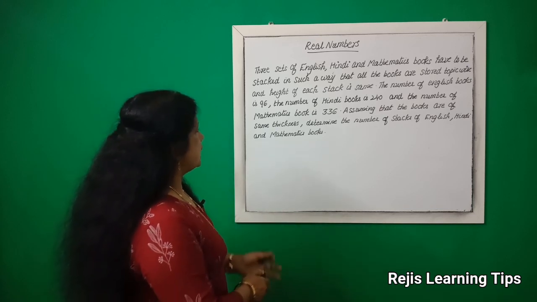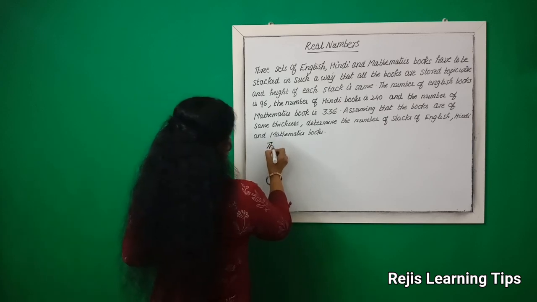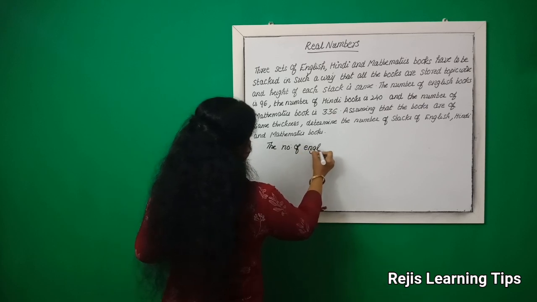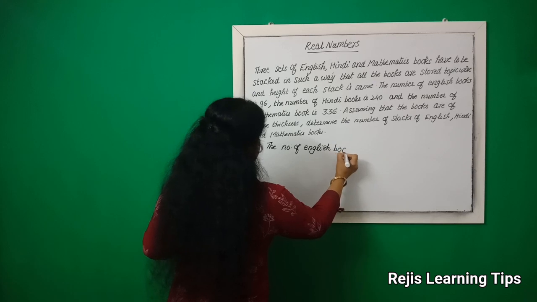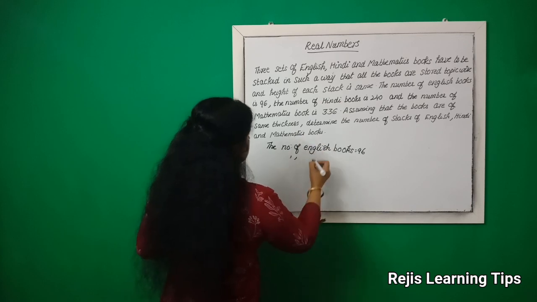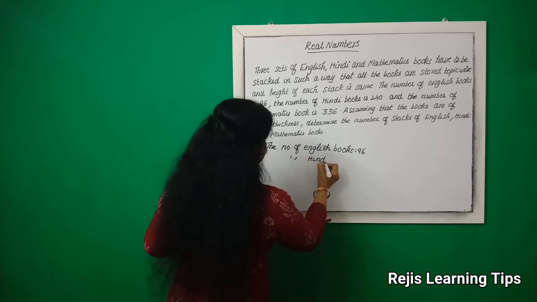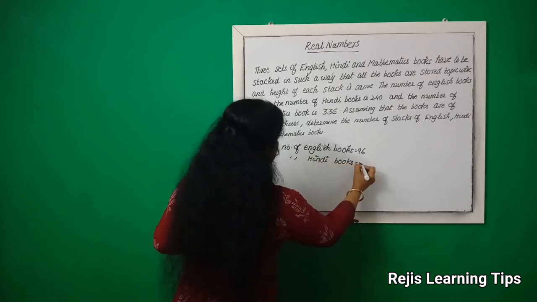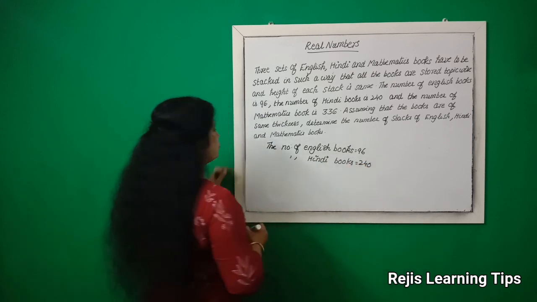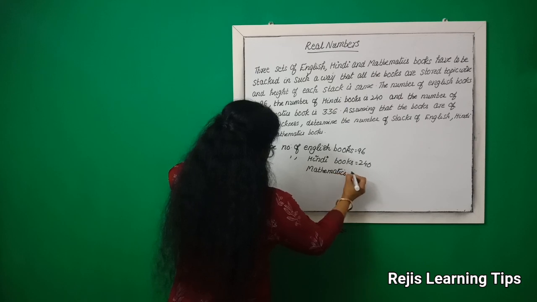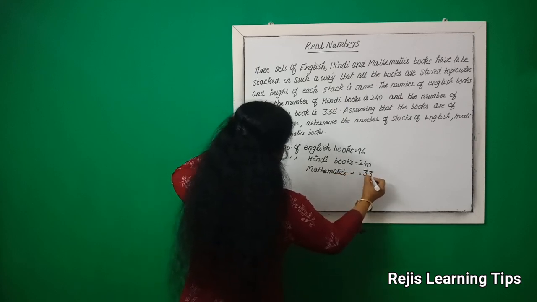The number of English books is equal to 96, the number of Hindi books is equal to 240 and the number of mathematics books is equal to 336.